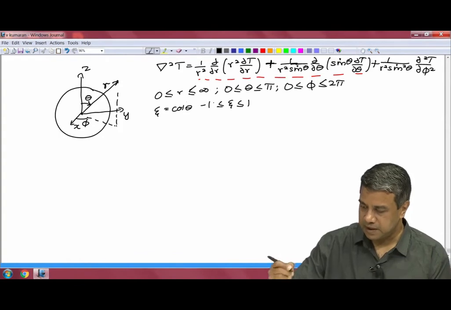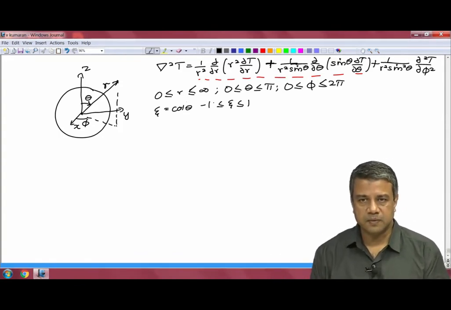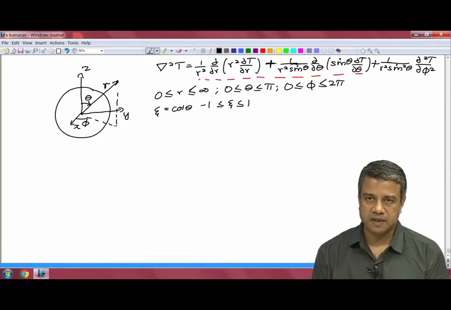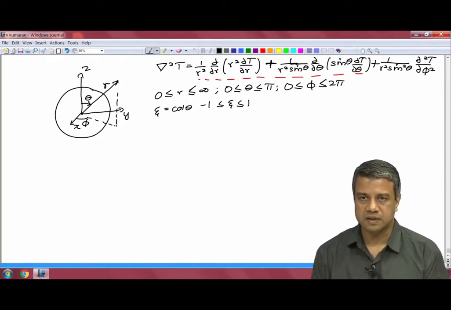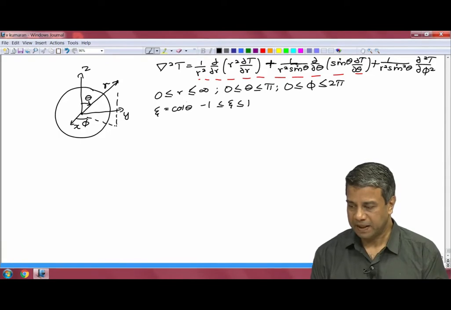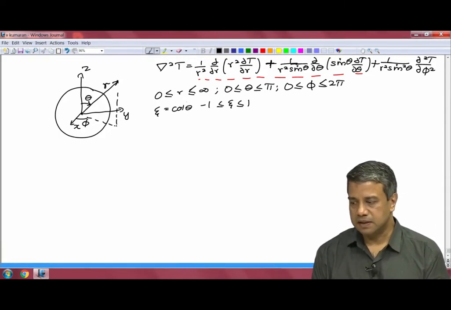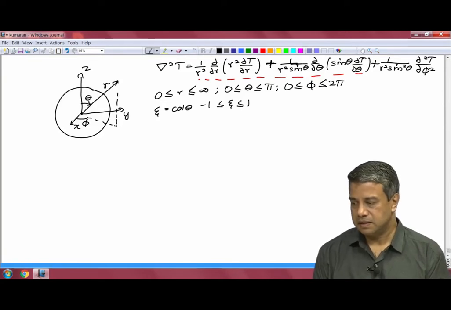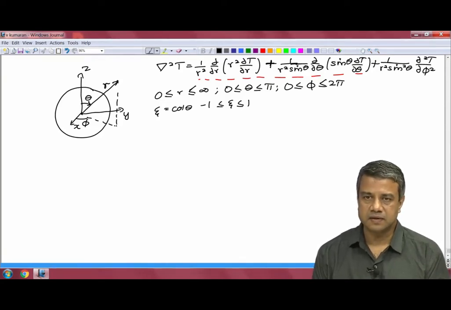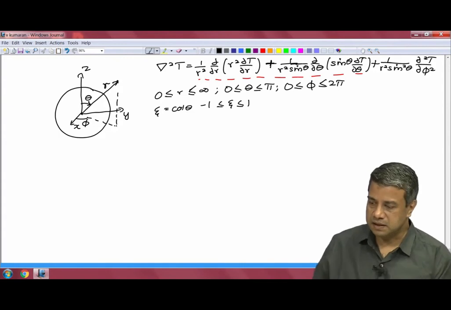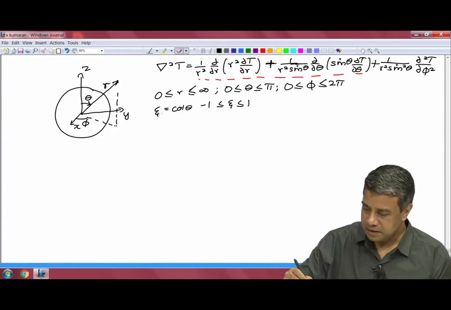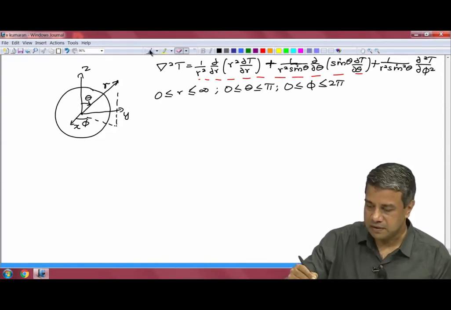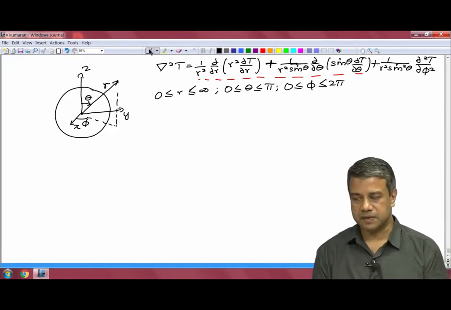At the endpoints the solutions have to be finite. From that we got discrete eigenvalues in the psi direction. Similarly, in this particular general case, you will have to get eigenvalues in both the phi direction and the theta direction, similar to how we got eigenvalues in the theta direction for an axisymmetric problem.